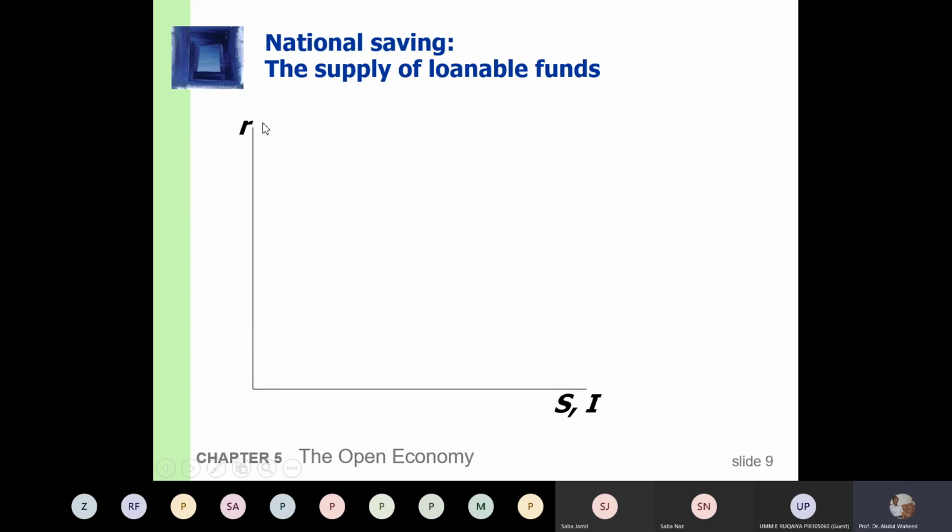Saving is not related to the real interest rate in that model. Saving is income minus consumption minus government expenditure. So here we don't have the real interest rate. If we had the real interest rate, then we could make saving a positive function or a negative function of the real interest rate, and then we could make it positively sloped or negatively sloped. But because saving has no relationship with the real interest rate in this model, we have a vertical line. So saving is fixed.